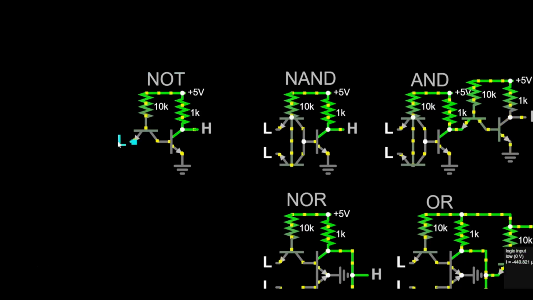So our NOT gate here, well, if we jiggle on the input here, you see all it does is invert. I showed this in the DTL video, I think, but you can see that much like the DTL, we have a voltage traveling through this base resistor into this transistor and out the emitter.